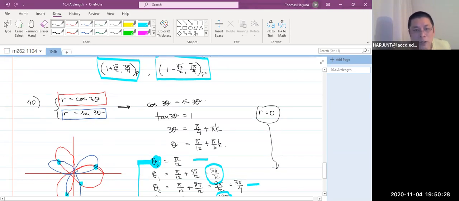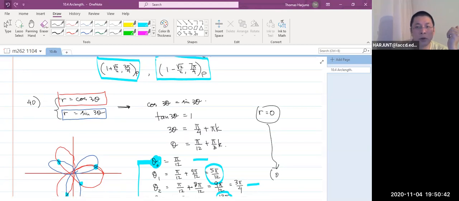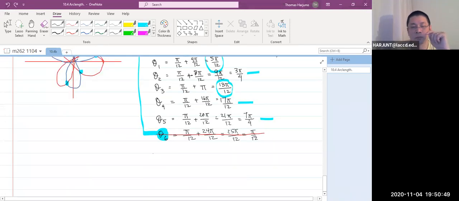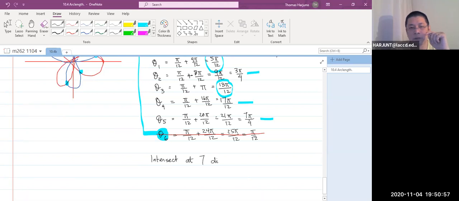Only after I realized, oh, you know what, that they have radius 0. Radius 0 for any angle actually doesn't matter. So at least they intersect at 7 different points.